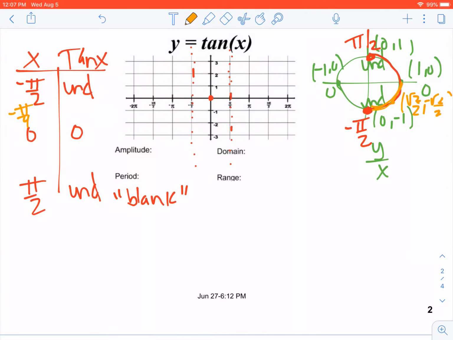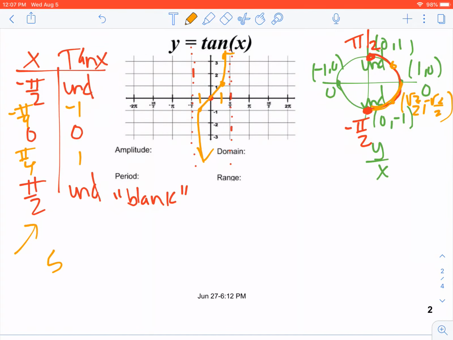And so the same thing over itself is 1, but since I'm in the fourth quadrant, your tangent is negative 1. And if I pick a positive pi over 4, the tangent is 1. So in every single graph, you are always going to have to give me 5. This is what I call the main 5 points of the graph. So at negative pi over 4 and positive pi over 4, I've got negative 1 and 1. And so the graph has that shape.